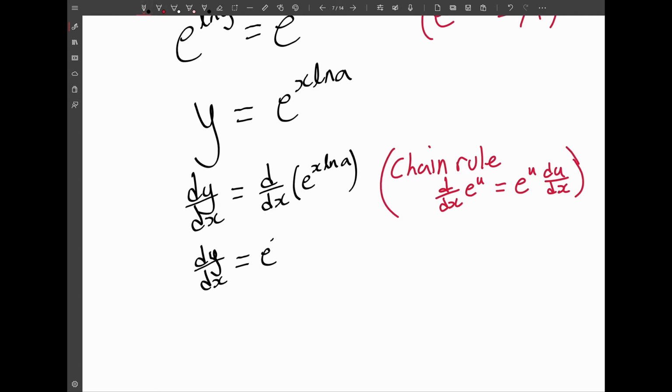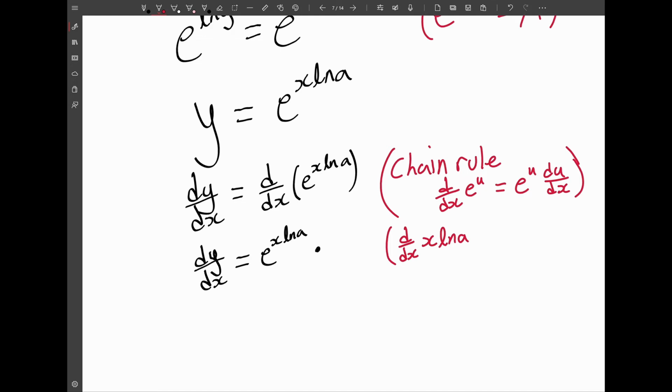So this is going to be e to the x natural log of a times the derivative of x ln a. Okay, well, let's just make sure we know this. d dx of x ln a. Well, think about it. Ln a is just a number. It's not a function, it's just a number, any positive number. And if I had something like 3x and I wanted the derivative with respect to x, that would just be 3.